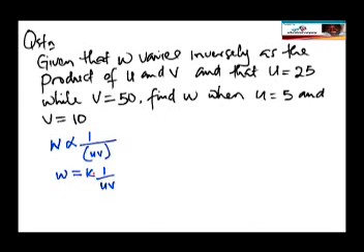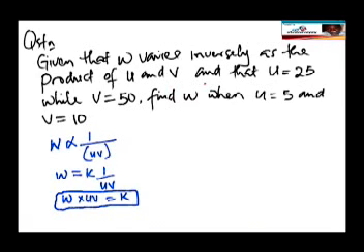Because when you introduce your constant, you take away your proportionality sign, and you have W times UV is equal to k. So this is the first phase of the formula with the constants. And the second phase is when you have to duplicate.